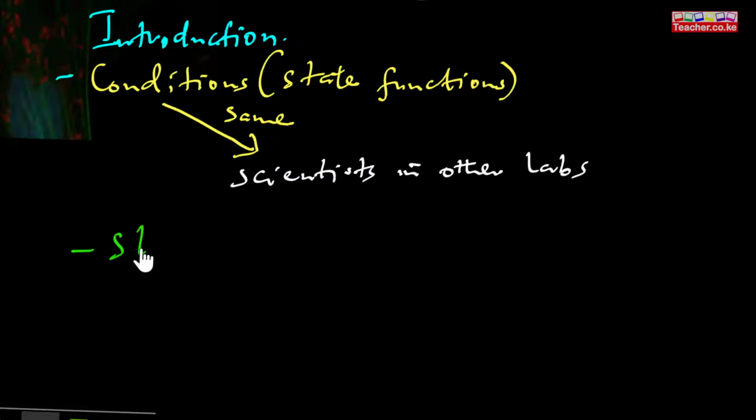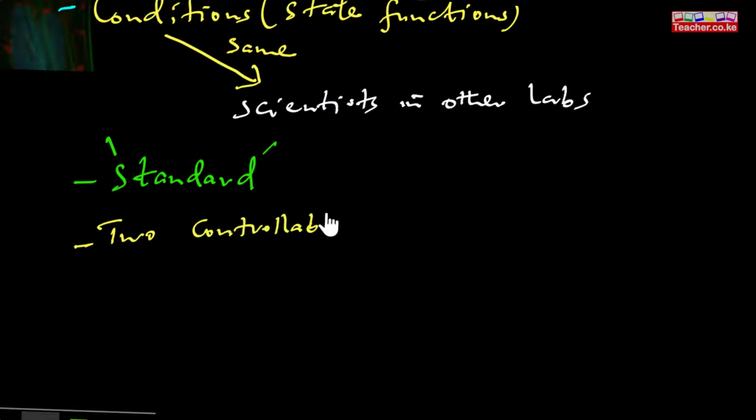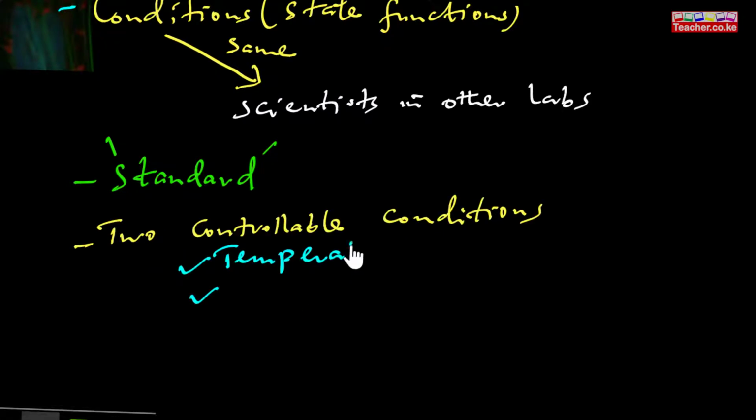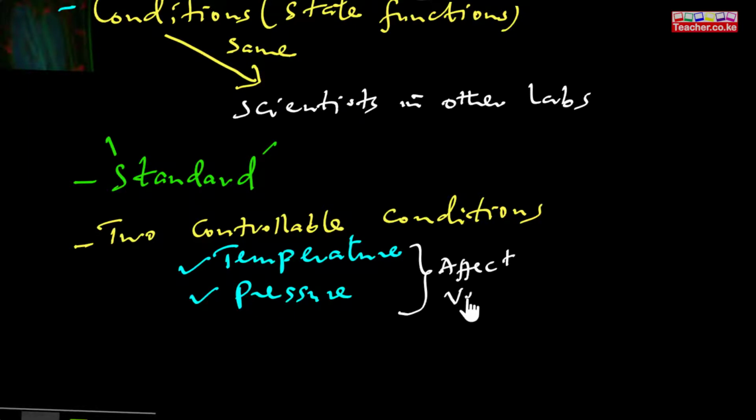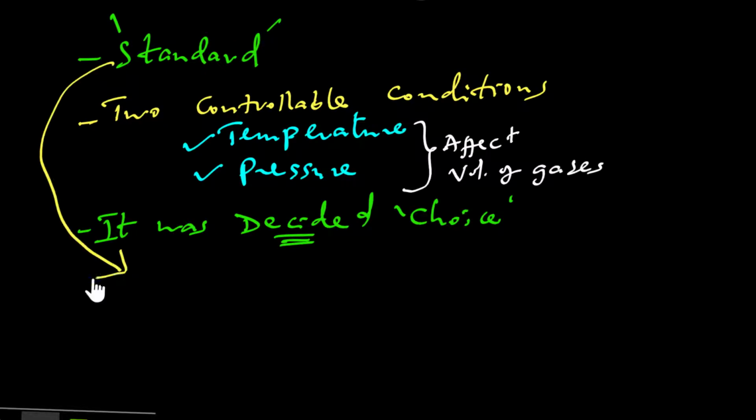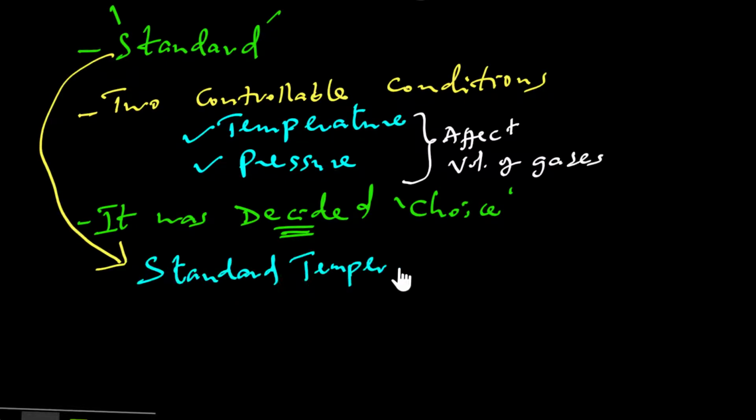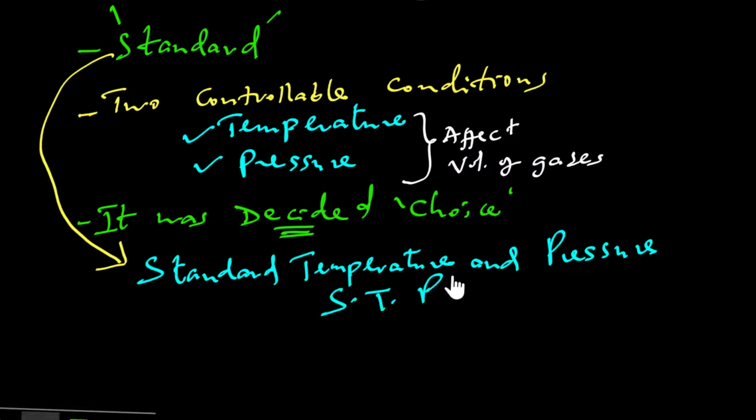As such, as a community that belongs to science, we decided to call these conditions standard. The two conditions that we will use, because whenever they change, they affect the volumes of gases, are temperature and pressure. We will call these conditions standard temperature and pressure, or abbreviated as STP.